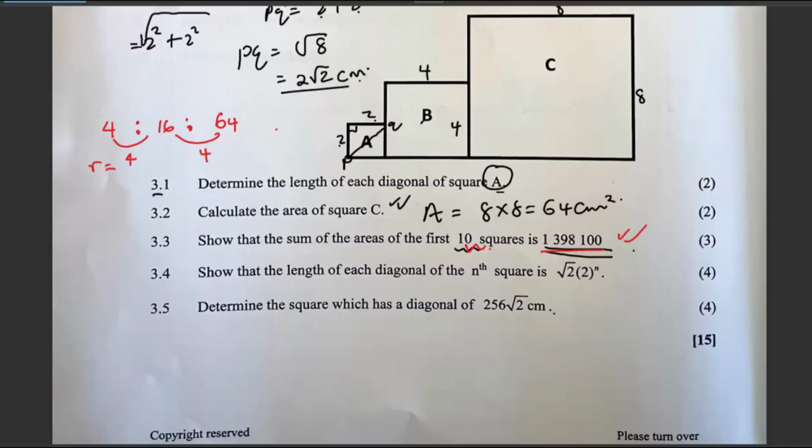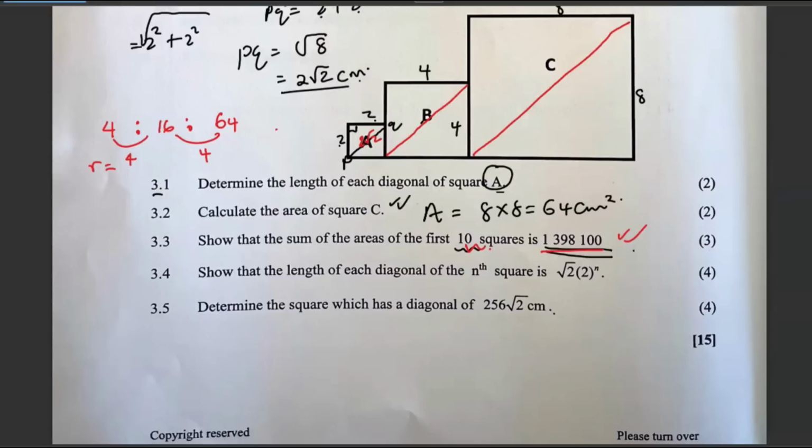Then we move on to 3.4. Can you show that the length of each diagonal in the nth square is given as that? So this question means that we now need to find the general term of the diagonals. If this is 2 root 2, the next is 4 by 4 under square root.